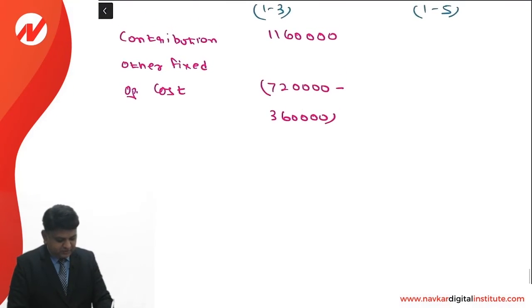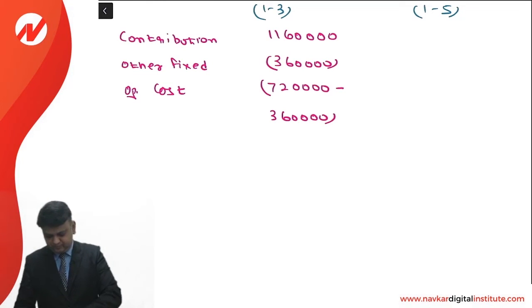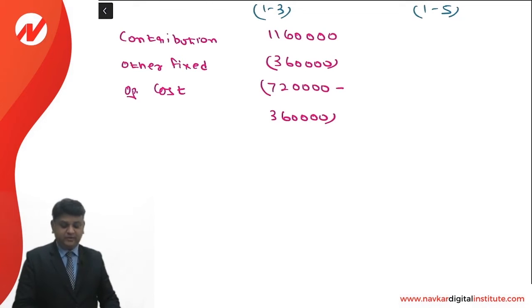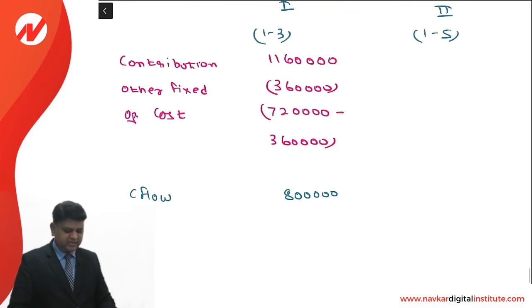So the difference between both of them is again 3,60,000, which is deducted from 11,60,000. So the cash flow will be 8 lakhs, of course excluding the effect of the maintenance. Friends, there is no tax, so calculation of the PBT, PAT, add back depreciation, all those things are not required.